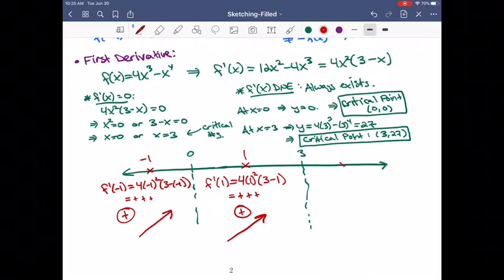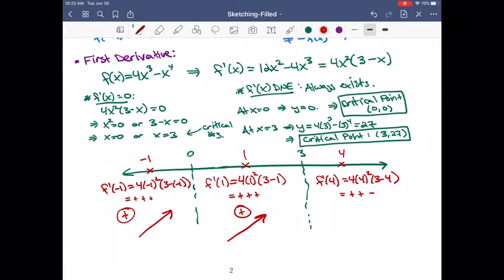Now something bigger than 3, maybe let's try 4. So f prime of 4 is going to be 4 times 4 squared times 3 minus 4. So it's a positive times a negative, because 3 minus 4 is -1. So two positives are positive, and then I times by a negative. Here I'm going to get a negative, so that means that I'm decreasing.